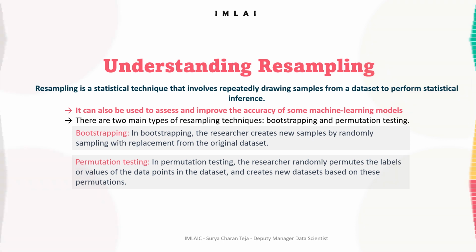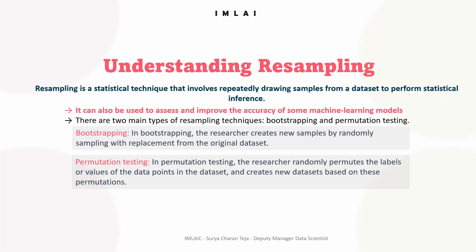It is used for multiple different variables. By creating permutation data sets, the researcher can estimate the distribution of a statistic such as the difference in means between two groups, and can test whether this statistic is significantly different from what would be expected by chance.